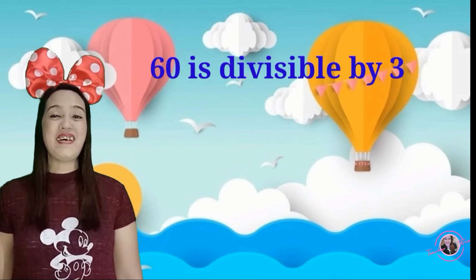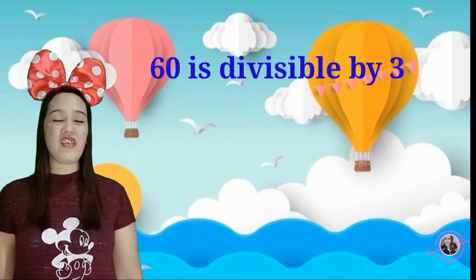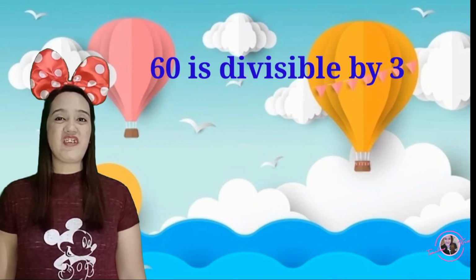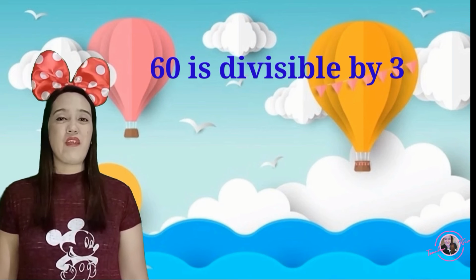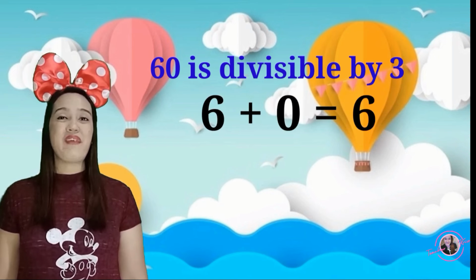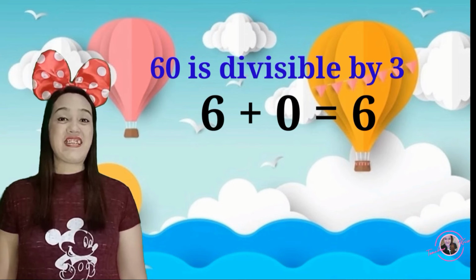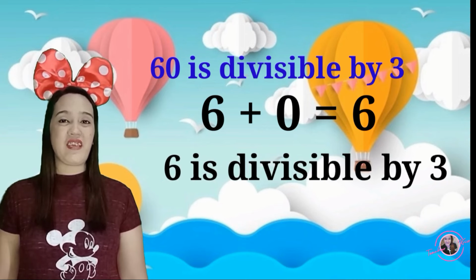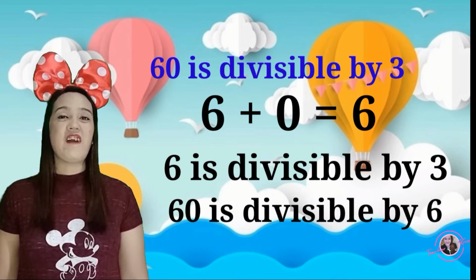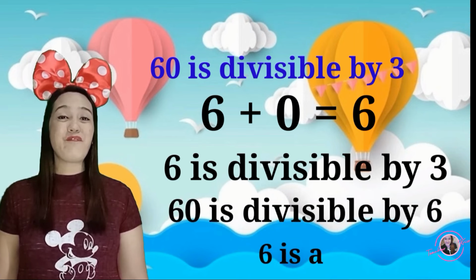And also, 60 is divisible by 3 because the sum of its digits is 6. When we add 6 plus 0, we got the answer 6. And 6 is divisible by 3. So, 60 is divisible by 6. Therefore, 6 is a factor of 60.